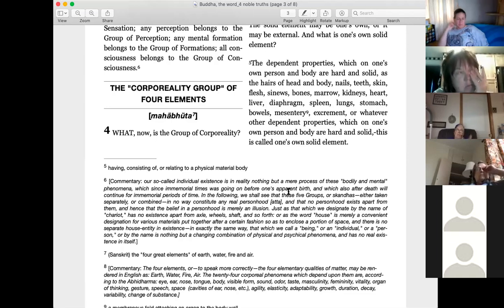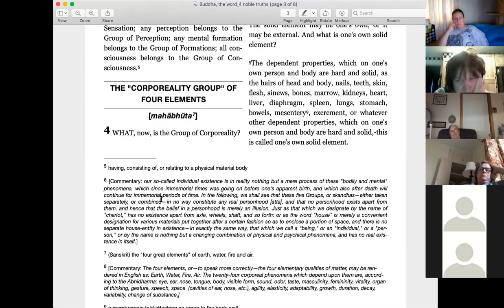And we are just part of this continual process. So in the five groups, or the skandhas, if we take them separately or combined, they in no way constitute any real personhood, which means that there's no personhood that exists apart from these things.